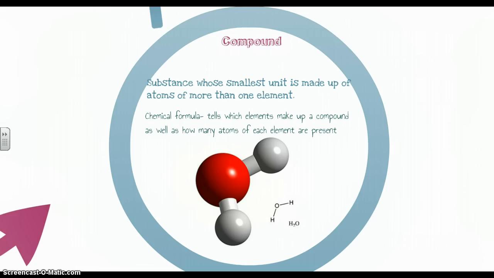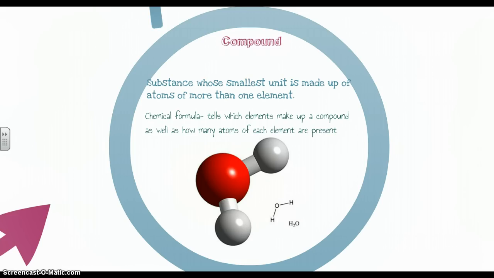That's what the little 2 following the H tells us. Now since there is no number following the O, that means there's just 1 atom of oxygen in the compound water. So the subscript tells you how many atoms of the preceding element are in the compound.